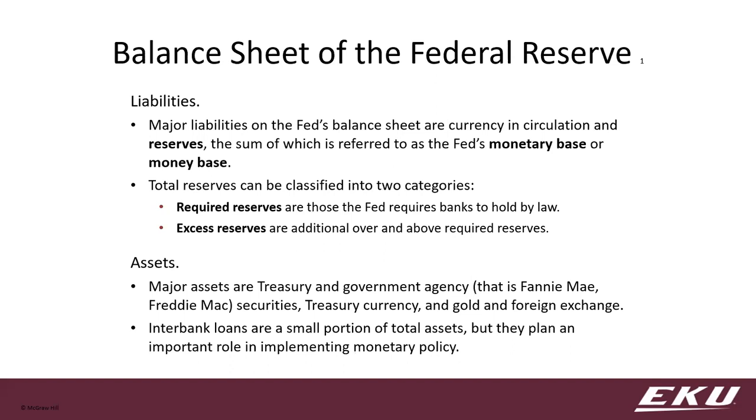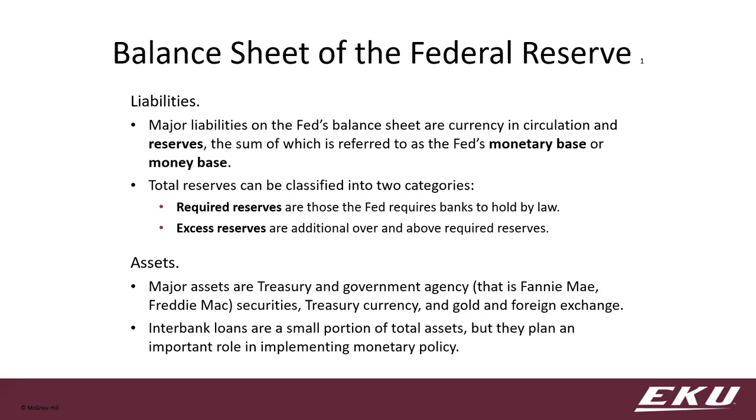So the Federal Reserve is a bank, so we're going to talk about assets and liabilities in a similar way. A major liability for the Fed would be the currency in circulation, and reserves. I'm going to show an example with reserves. Those reserves are money that the banks will set aside by law, and the Fed will tell them how much to set aside.